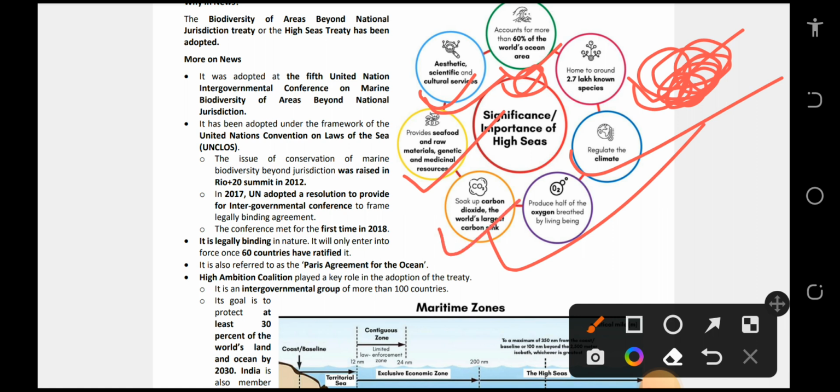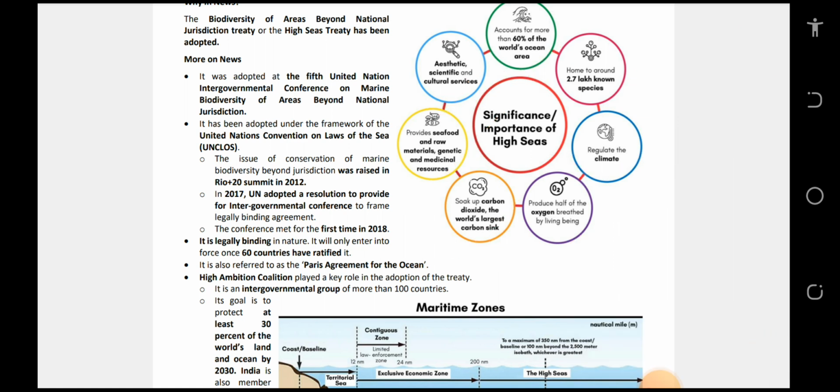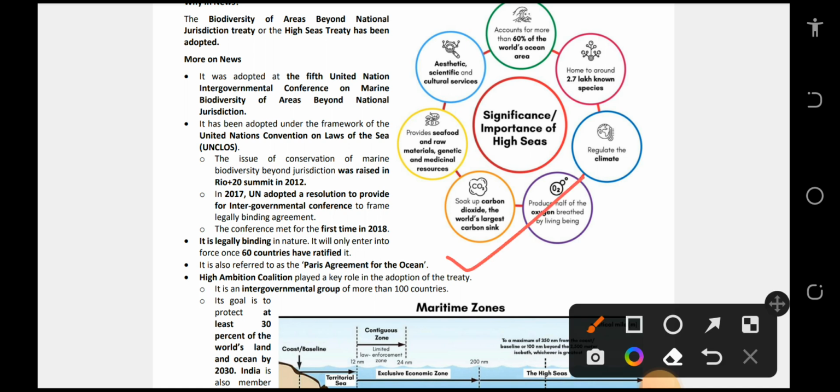The next importance is that it soaks up carbon dioxide and is the world's largest carbon sink. It means the high sea is the world's largest carbon sink.